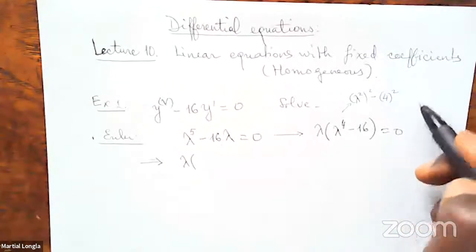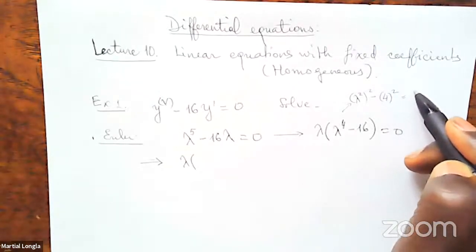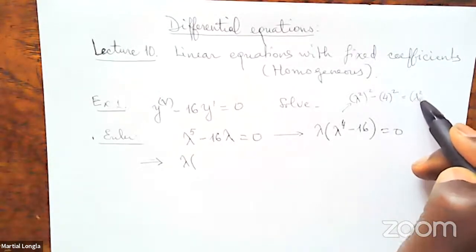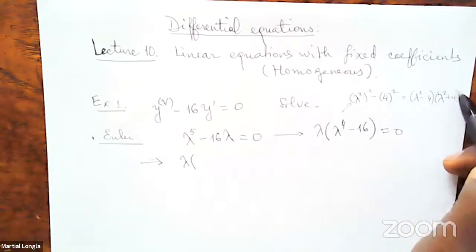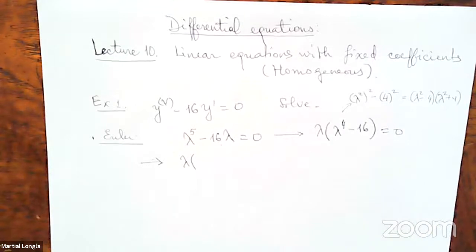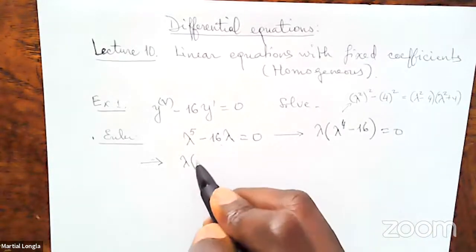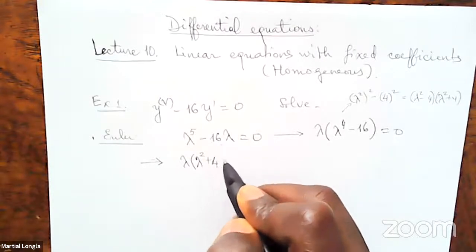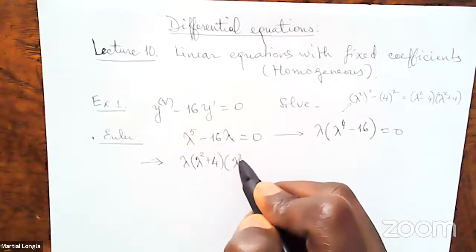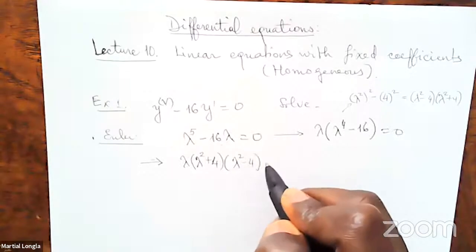In algebra, you learned that a squared minus b squared is a minus b times a plus b. So that's what you're going to have here: lambda squared plus 4 times lambda squared minus 4 equals 0.